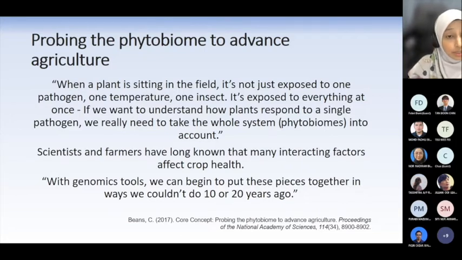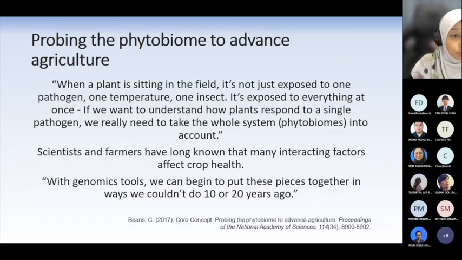So scientists and farmers have long known that many interacting factors affect crop health, but due to limiting factors, we normally focus on one specific pathogen when there's an outbreak of disease. And the way we report diseases also, we normally try to identify the specific causative agents, and then we need to test in laboratory conditions or glasshouse conditions.